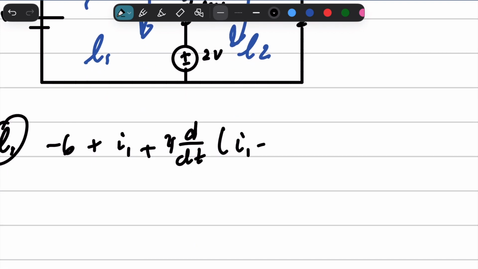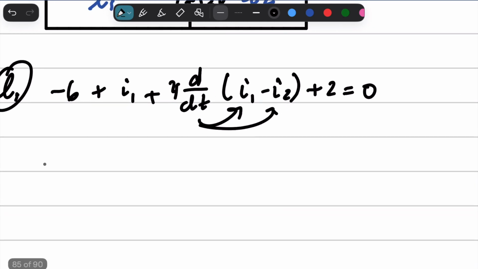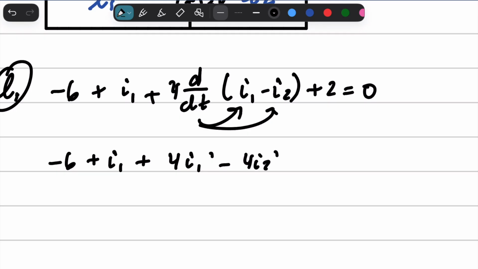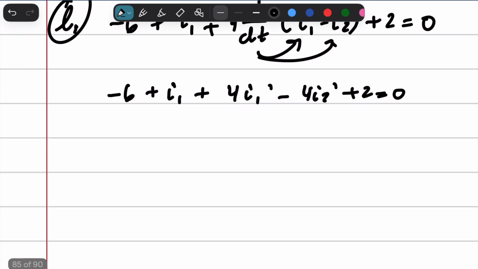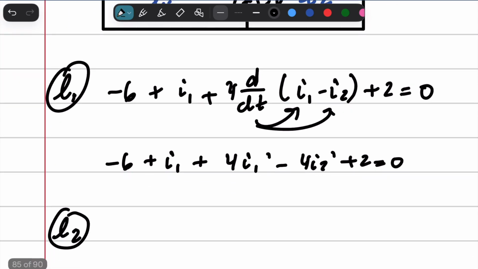So I1 minus I2, and that is having a derivative applied to it, plus 2 is equal to 0. Okay, now if we simplify that out, we get 4I1 prime minus 4I2 prime plus 2 equals 0. And we are going to end up with 2 simultaneous differential equations.